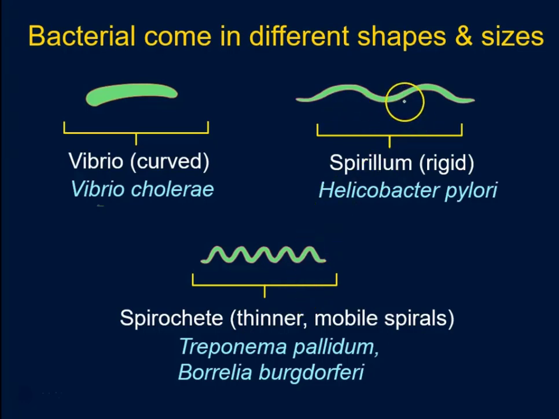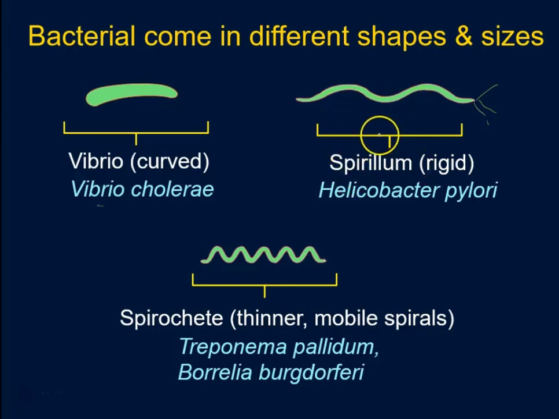Then we have a couple of other types that are either spirillum or spirochete. The difference is that spirillum is a more rigid spiral bacteria, and the spirality doesn't really help with the motion in any way. Usually these tend to have flagella that help propel this bacteria in the medium.